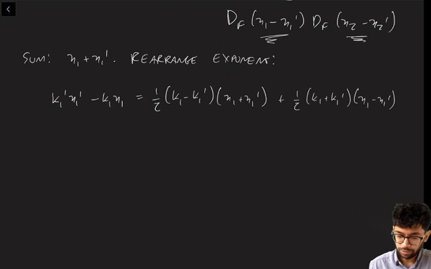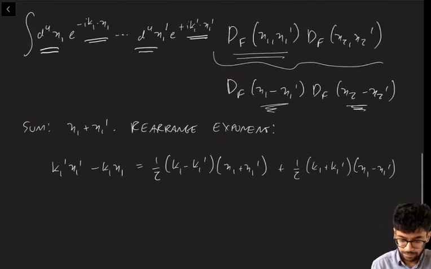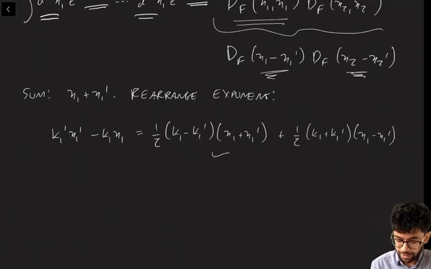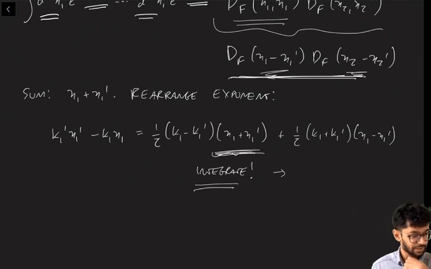And now, if you recall, I'm integrating over all of the spatial coordinates, but the integral over x1 plus x1 prime is very easy to do because it doesn't enter into the integrand at all. It only enters in the exponent of this e to the i k dot x. So in other words, I can just do this integral, and what happens is I get, from doing the integral over x1 plus x1 prime, a delta function in k1 minus k1 prime.